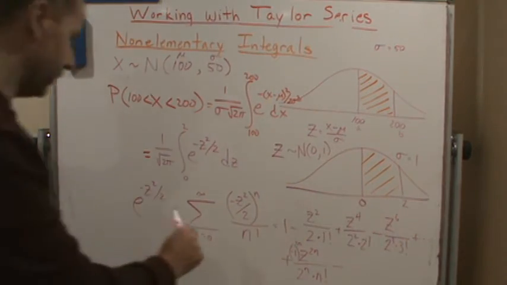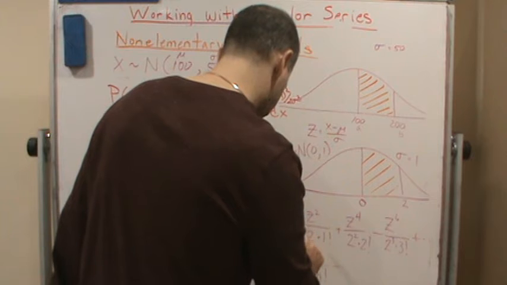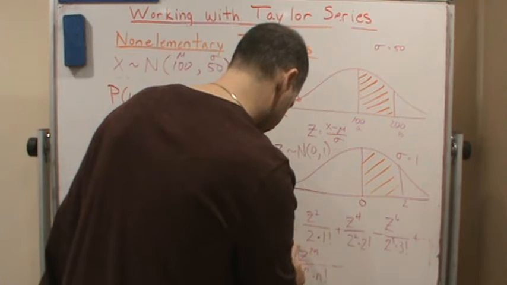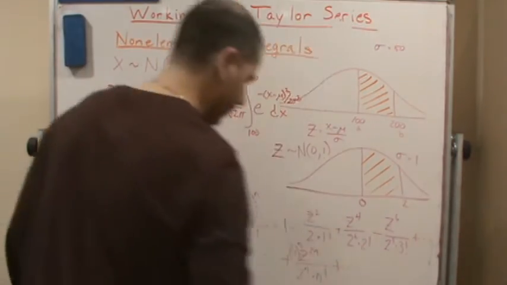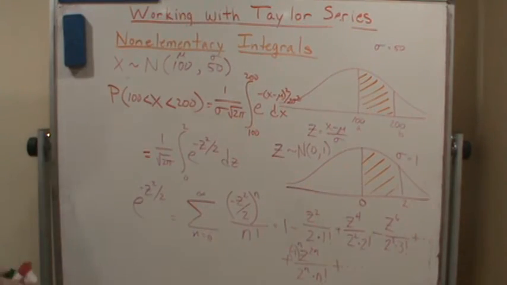Oh, no, to the n, because it's an alternating series. Did I get that right? Yep, that's right. And then it continues on. So this is our Maclaurin series that represents e to the negative z squared divided by 2.